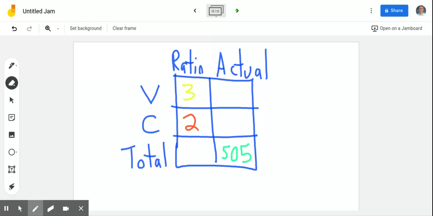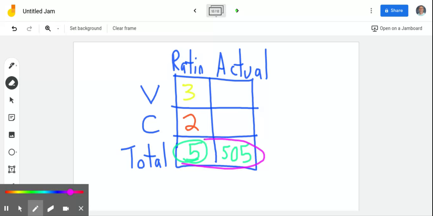All right, so we can find this column right here by doing what? Adding up the ratio. So 3 plus 2 is 5. Now you have to have, like we have here, a row that you can figure out what times what gives you it. If you don't have that information, you can't solve it, but we do. We have 5 times something gives me 505.